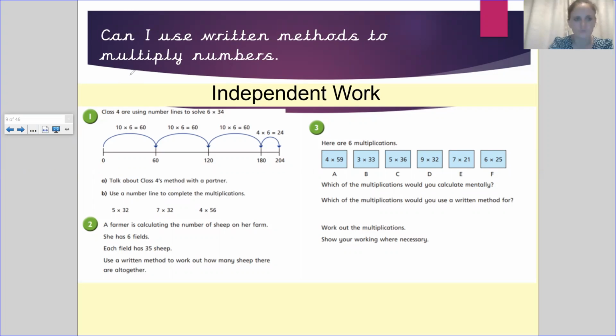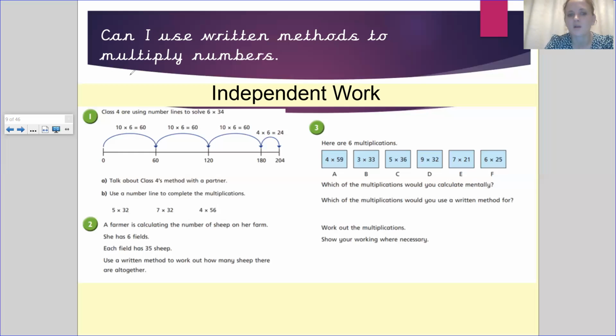So, class 4 are using number lines to solve 6 times by 34. Talk about class 4's method with someone, or write down what you think about the way they've done it. So you can see they've broken it up into 10 times 6, 10 times 6, 10 times 6, and then 4 times 6.